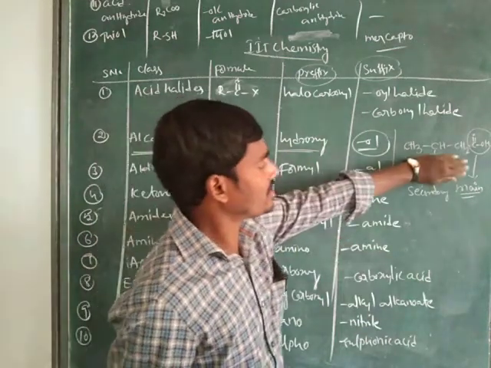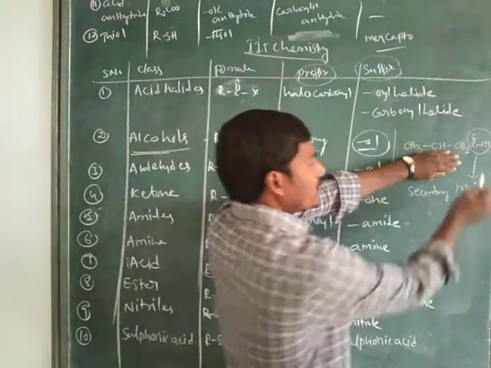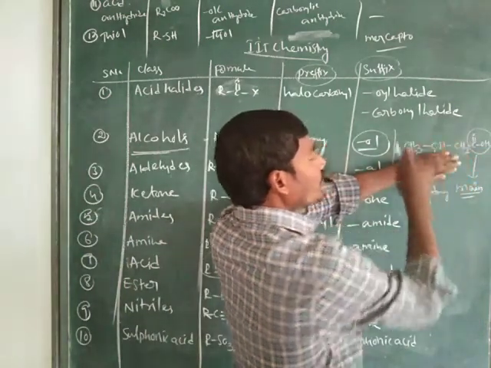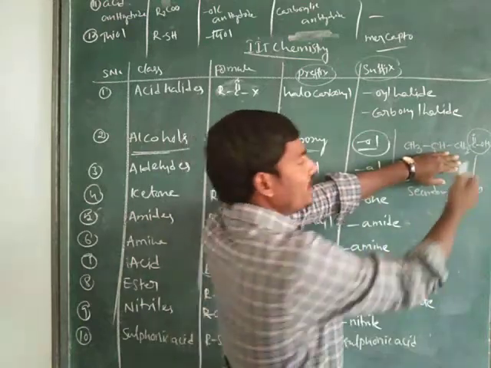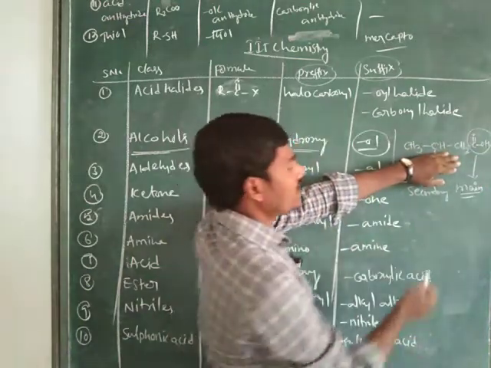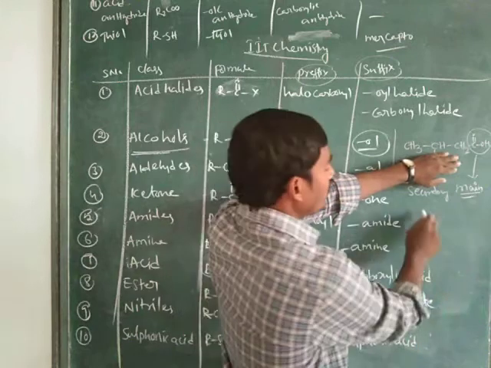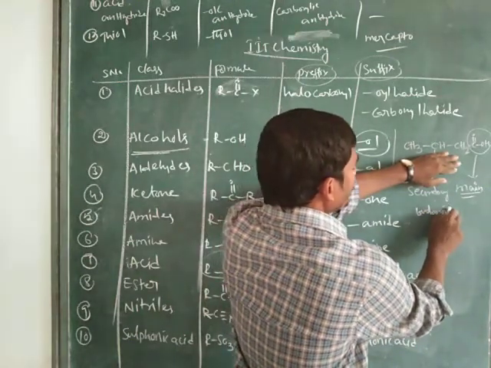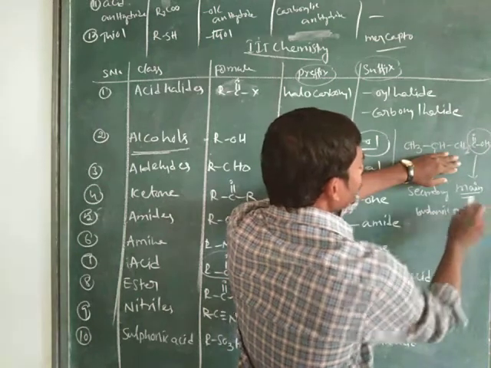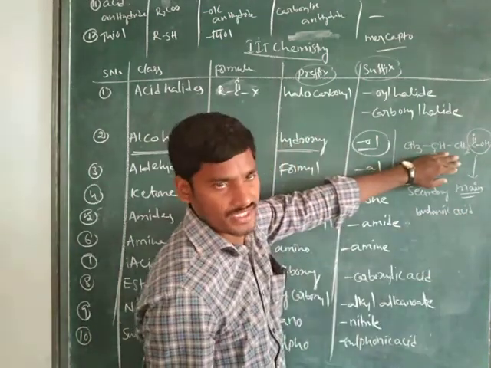If there is no alcohol, we directly count 1, 2, 3, 4. Four means four carbons, and here four means butyl. And acid is there, so we consider it as butanoic acid. Right children? Butanoic acid.